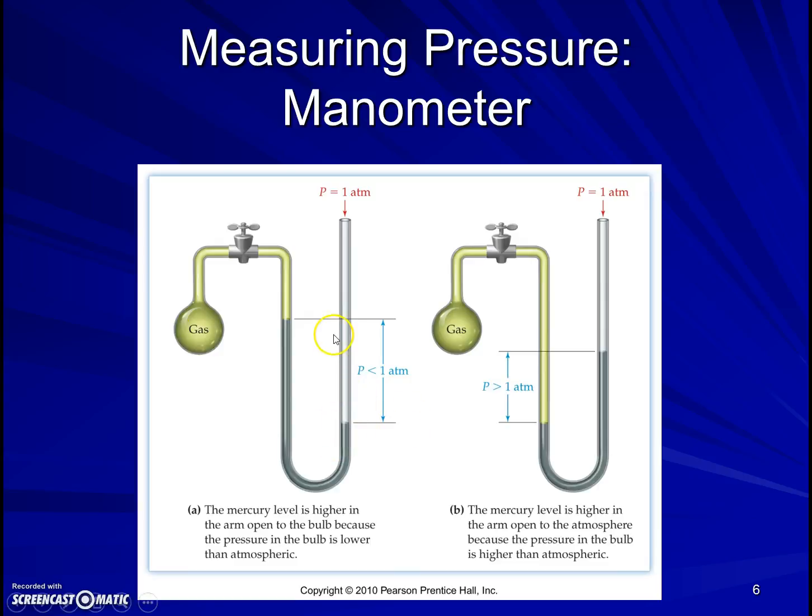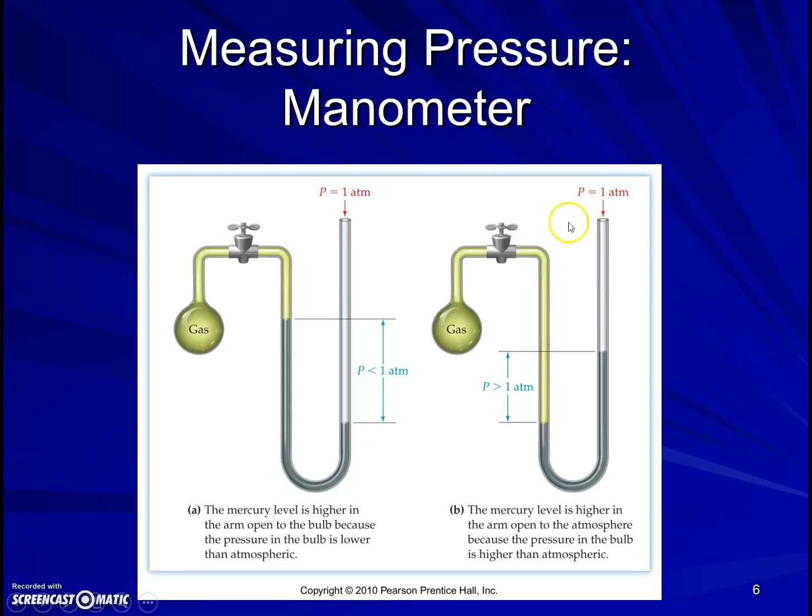We can measure this difference in millimeters and then subtract that from the pressure outside, which in this case, if it's 1 atmosphere, would be 760 millimeters of mercury, and that would give us the pressure inside in millimeters of mercury. This particular container, though, shows us a gas container where the pressure inside of the container is larger than the pressure outside by this many millimeters of mercury.